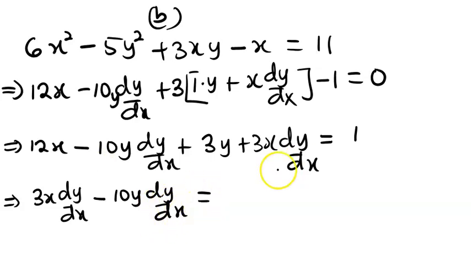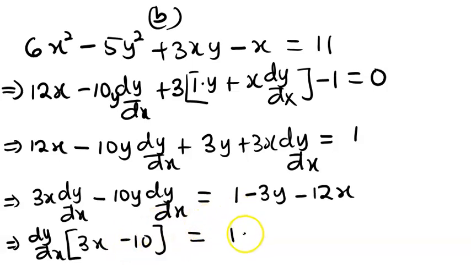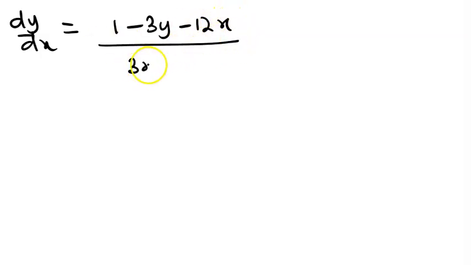We are sending the constant to this side: 1 minus 3y and then minus 12x. Let's factorize dy/dx out: 3x minus 10y, which is equal to 1 minus 3y minus 12x. So now dy/dx is 1 minus 3y minus 12x over 3x minus 10y.